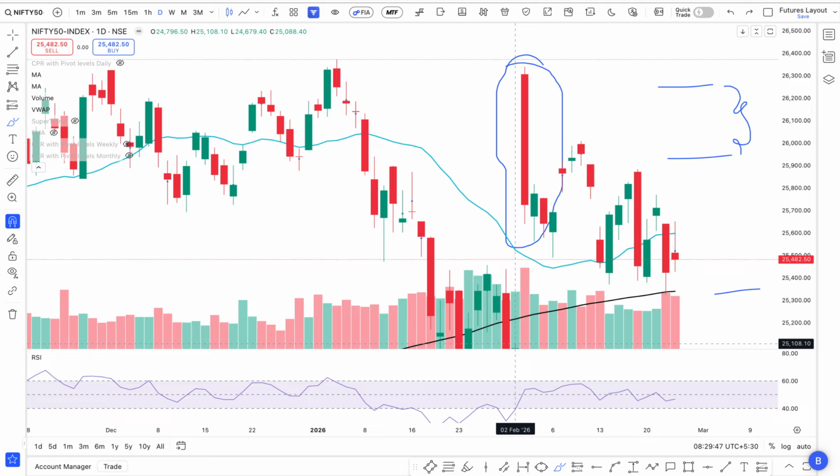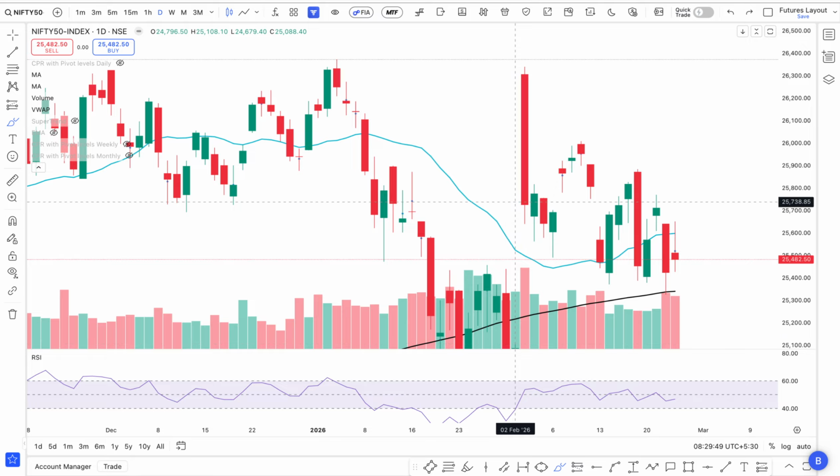All right, now if I place my cursor on this particular candle, you can see some data here, OHLC. That is nothing but open, high, low, close of that particular day. Because we are on the daily time frame, you can see the four price factors: open, close, high, low of that particular day.